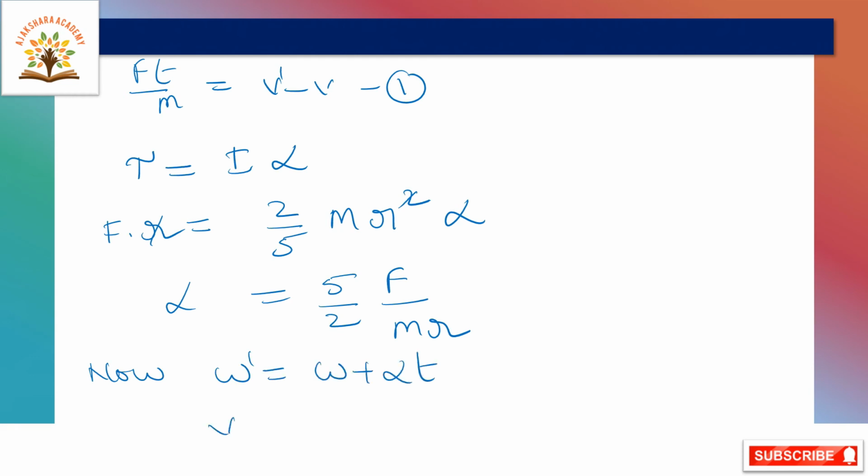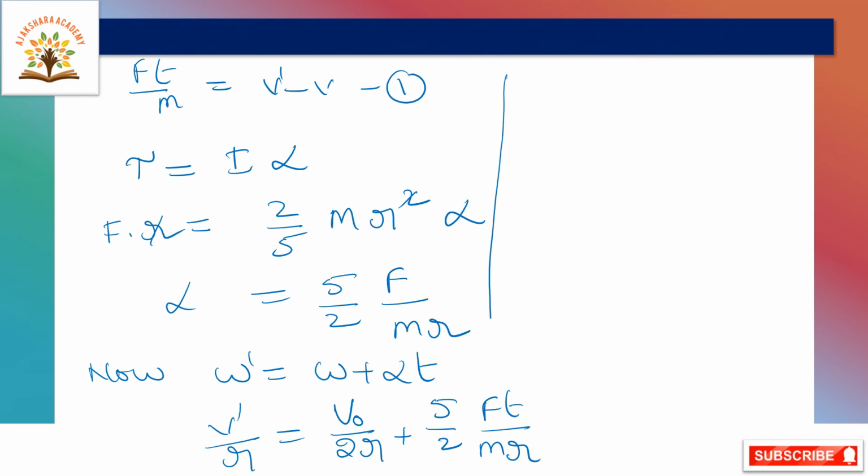So V dash by R is equal to V naught by 2R plus 5 by 2 into Ft by m R. Now we are writing V dash is equal to V naught by 2 plus 5 by 2 Ft by m. This is equation number 2.